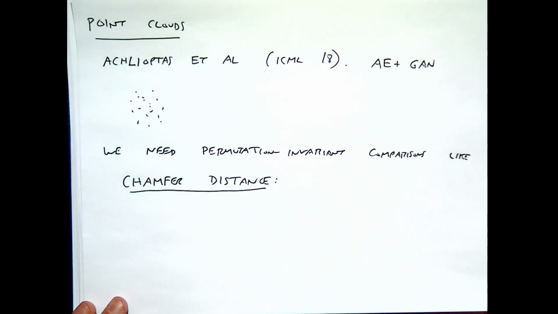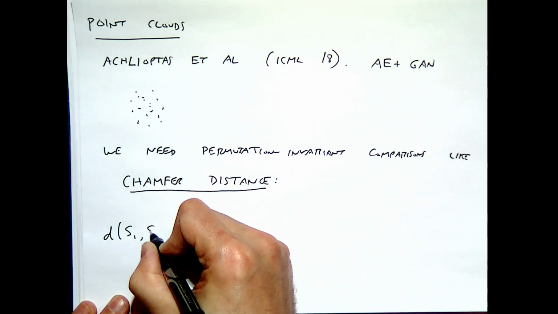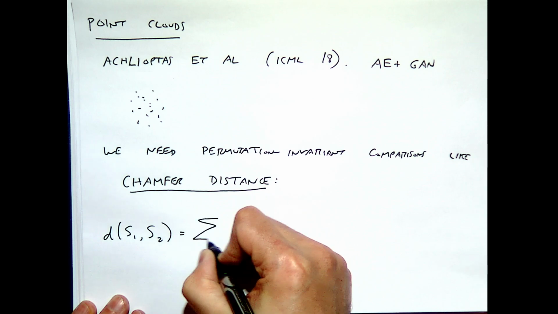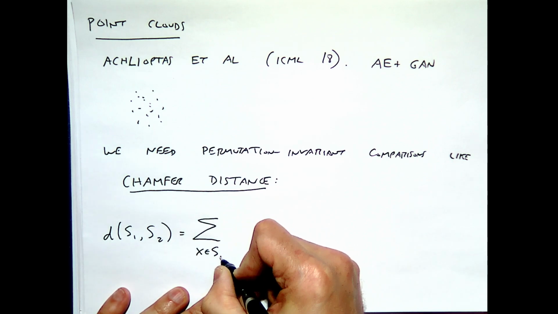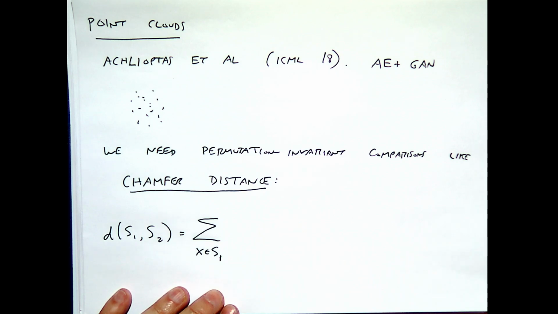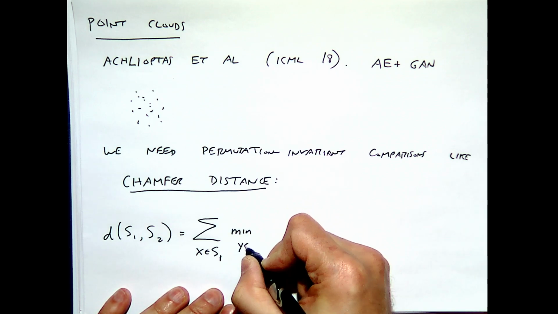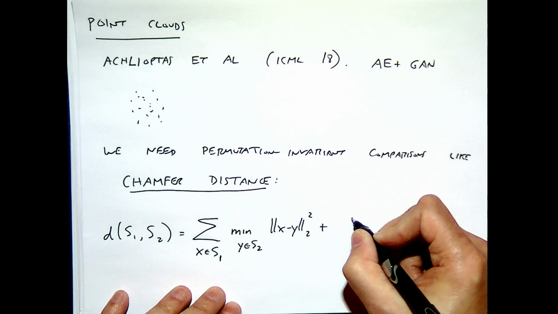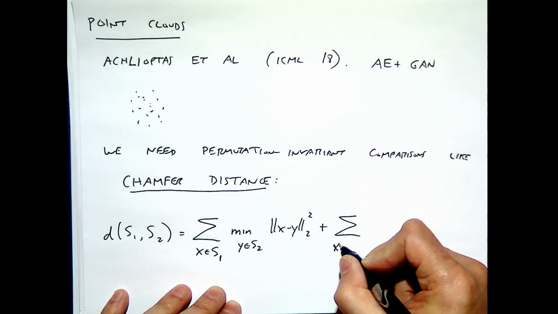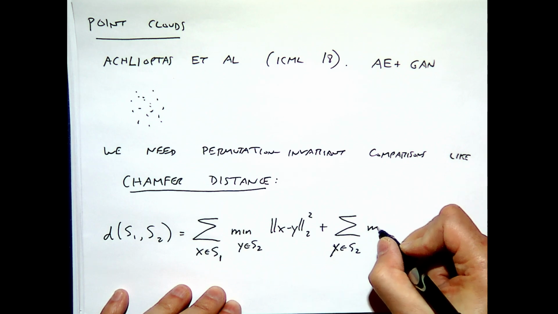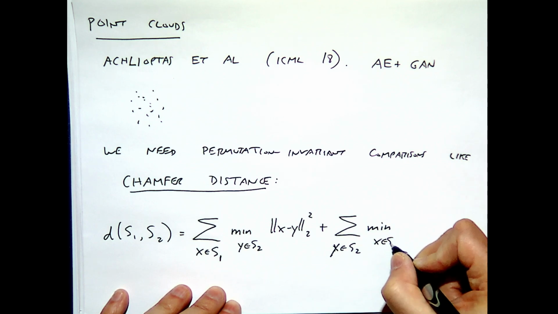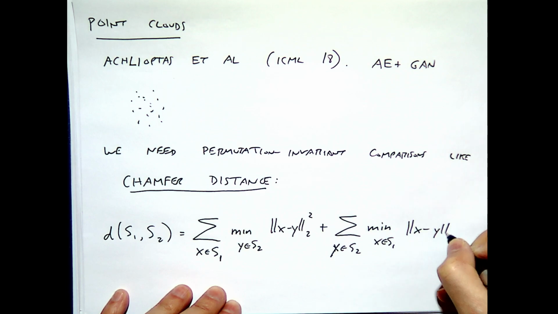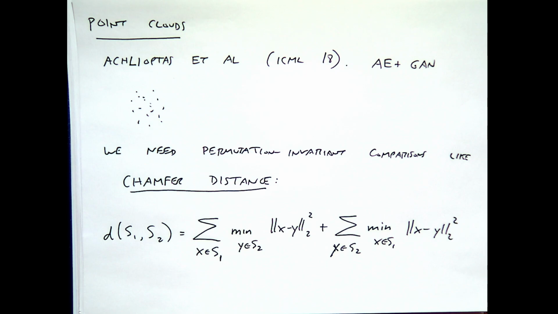So if I'm trying to compare two point clouds, I have a distance between set 1 and set 2, which says: over all of the x points in set 1, I find the closest point in set 2 in terms of Euclidean distance. And then similarly, I add up all of the points in set 2, find the closest distance in set 1, and again have this kind of thing. So this is the means by which two point clouds are compared. And also it's all differentiable, so we can push this as a cost function back through the neural network.